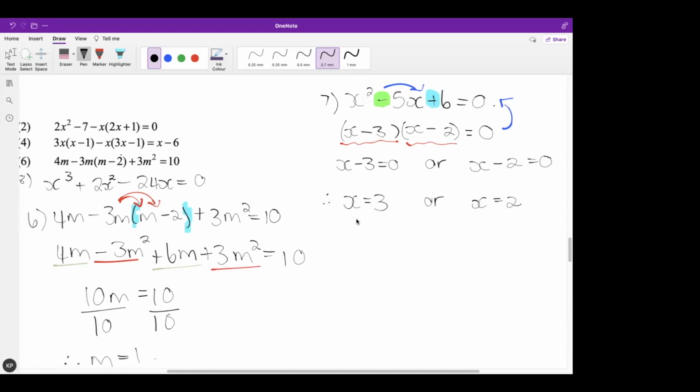Now, number 8 is going to spice up life even more here. x cubed plus 2x squared minus 24x. Alice is like, enough space.